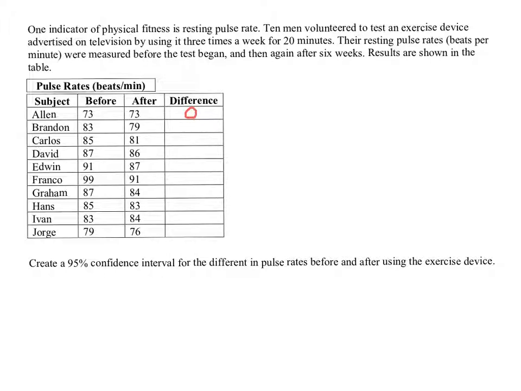So the first one's 0. The second one, it got worse, so negative 4. This one also, I shouldn't say it got worse, it got lower. This one also went lower.